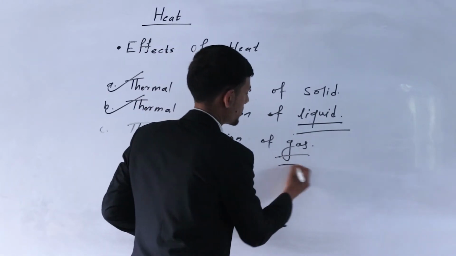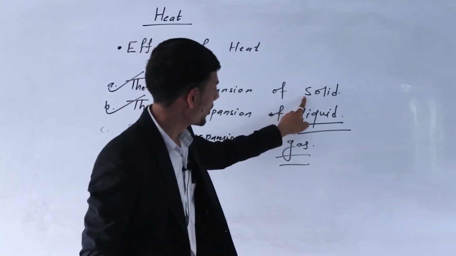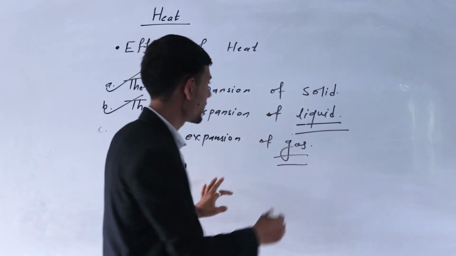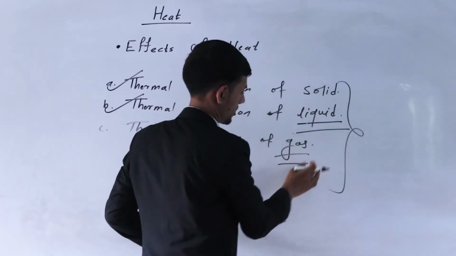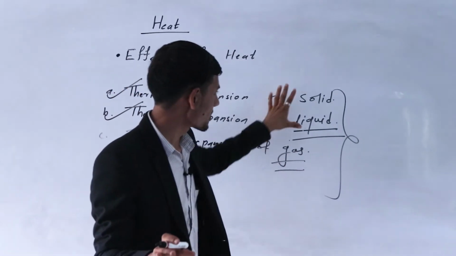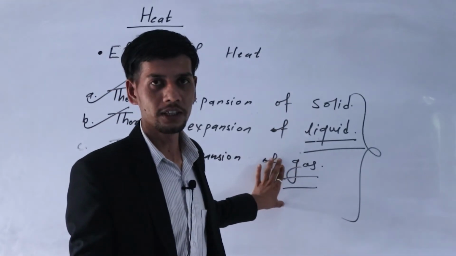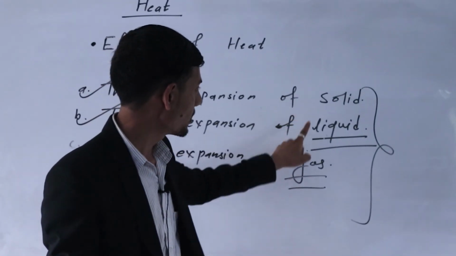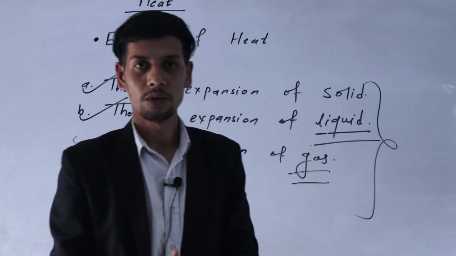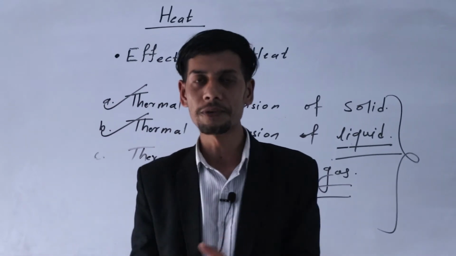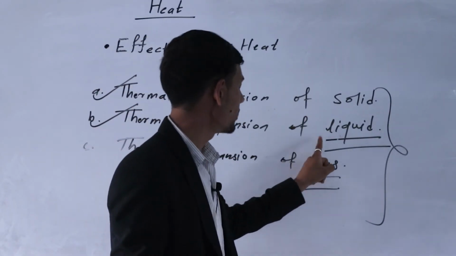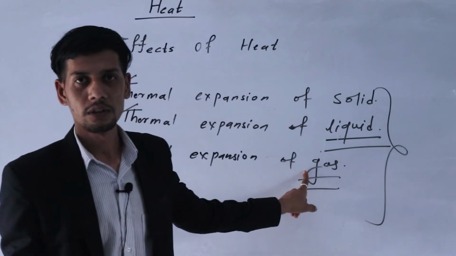And students, here you can see solid, liquid and gas. Can you say what they are? Yes, you know about that. These are forms of matter. Solid, liquid, gas are the different forms of matter. We can find matter in the form of solid, in the form of liquid and in the form of gas.